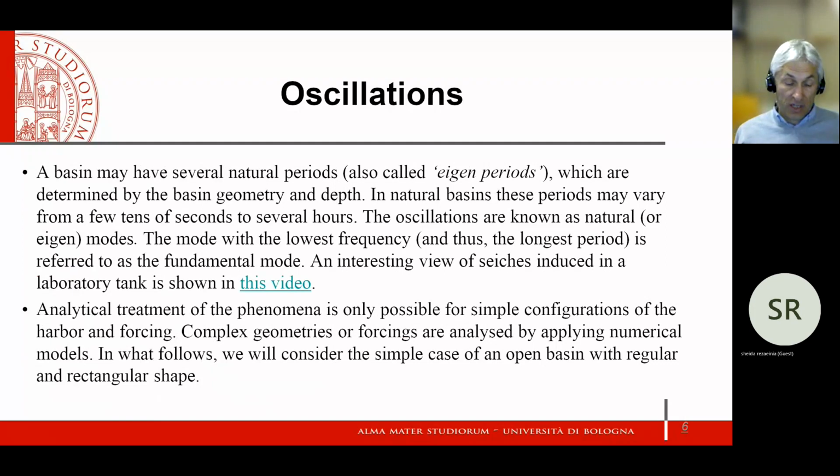So if you have a perturbation in the water level in a basin, if you lower the water level in a basin and then release the forcing, the basin tends to re-establish the natural water level, and therefore there is an up and down.